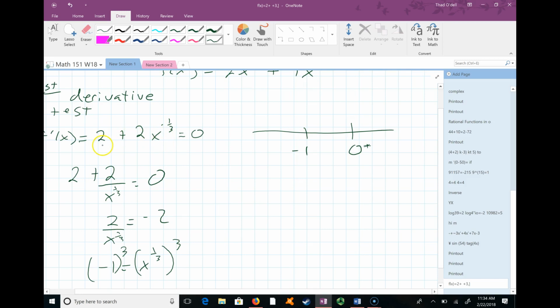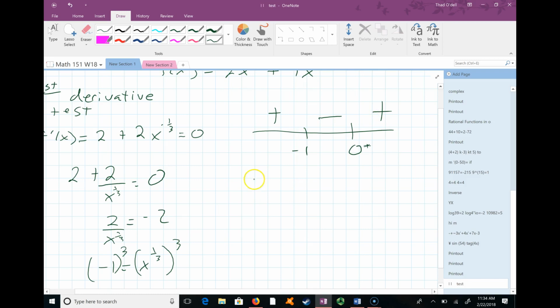That'll be smaller than 2 because it's 2 divided by a big number, so the derivative is positive. Between -1 and 0, I put in something really close to 0, like -0.1. That's going to make this bigger because I'm dividing 2 by a small number, which will be really big. So this will be a big negative, plus just 2, so that makes this negative. And then finally, I'm going to plug in a big positive number, which means everything's positive, so it's positive.